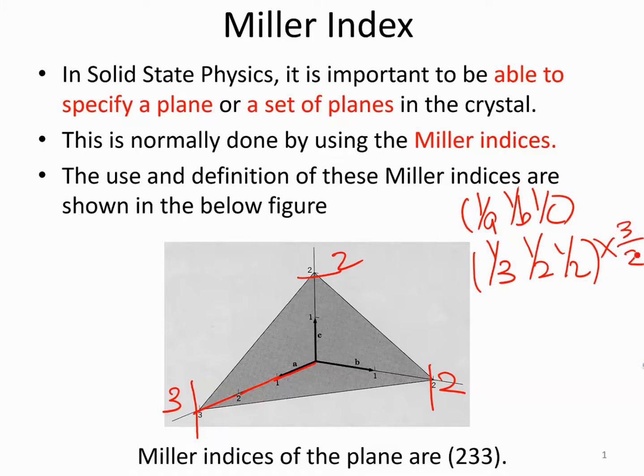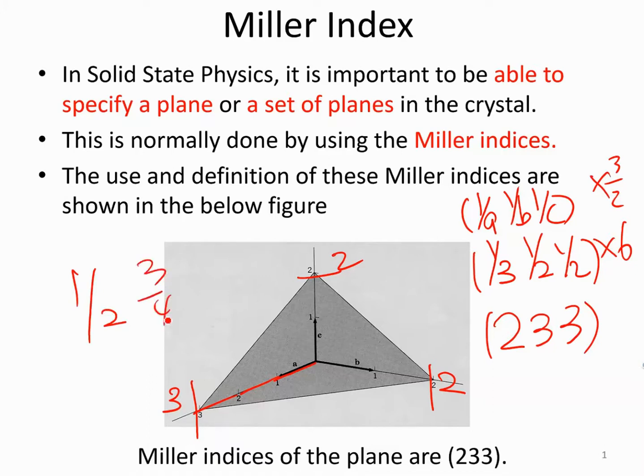Not by 3 over 2, but by 6. If we multiply by 3 over 2, we get 1 over 2, 3 over 4, and 3 over 4.